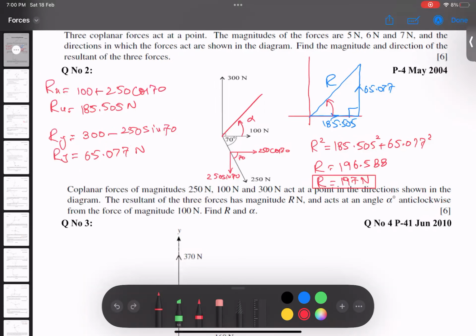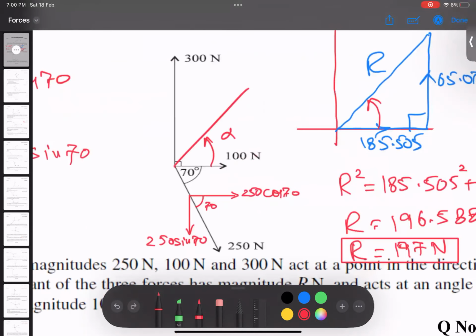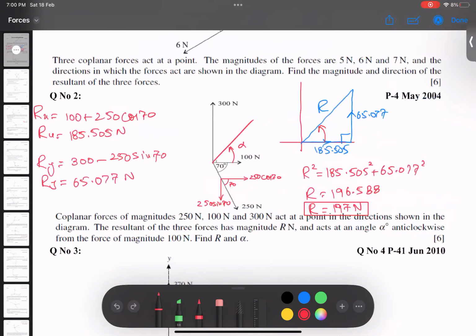So anti-clockwise from 100, this is called alpha. You can see that this is 100 and this is anti-clockwise and this is clockwise. So I'm going to find this alpha.